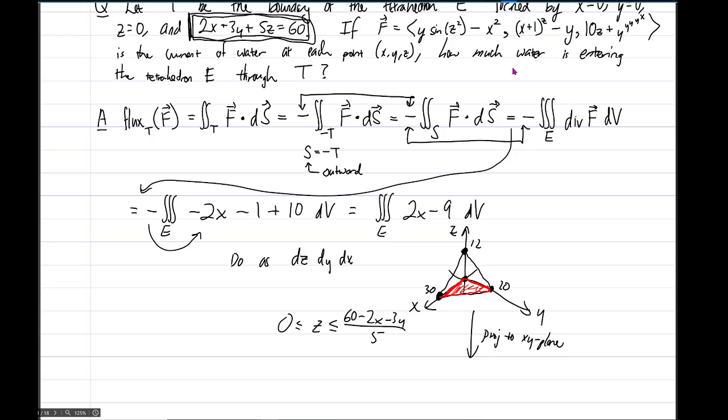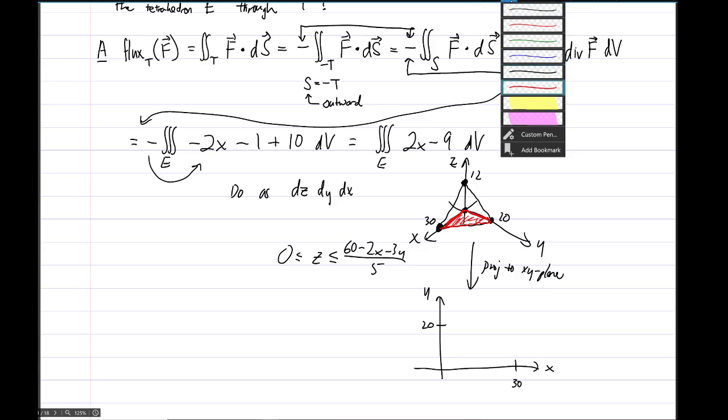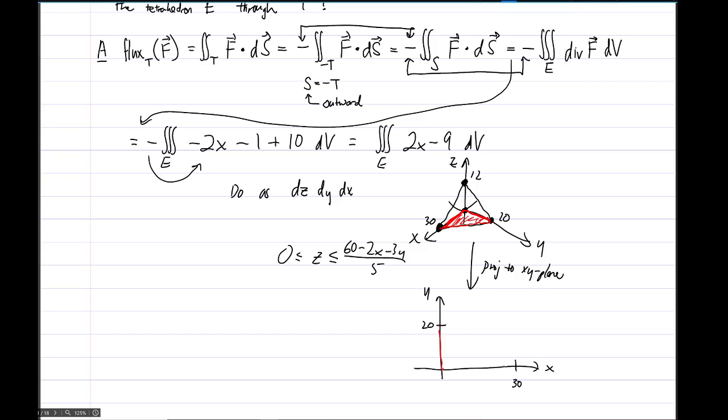So if we were to draw that more carefully in the xy plane, we should still have this x-intercept of 30, this y-intercept of 20, and we're talking about that right triangle here.